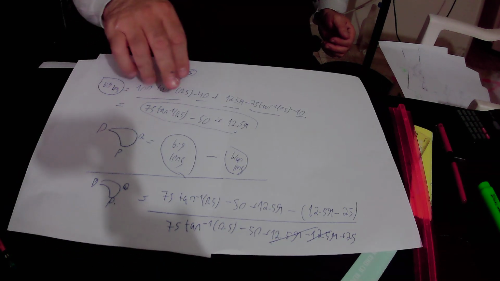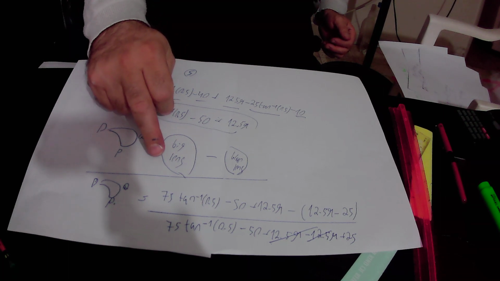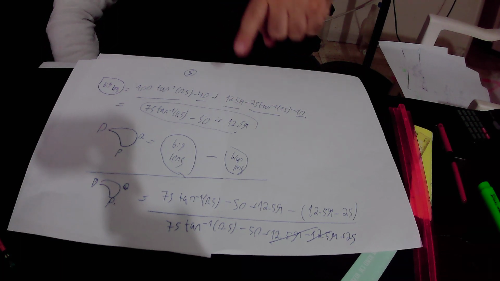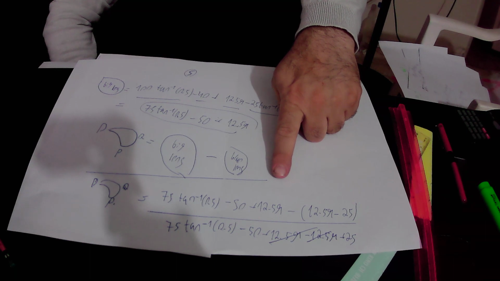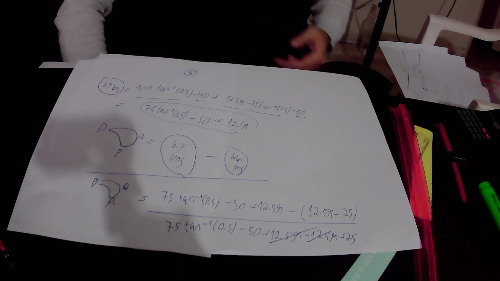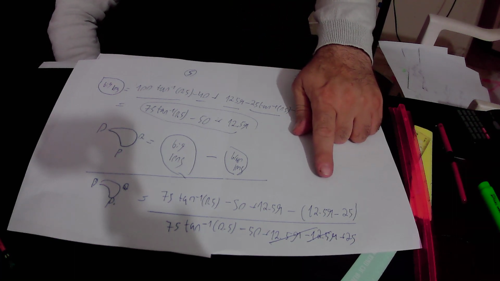So it is equal to the area of the big lens, that equals 75 tan⁻¹(0.5) minus 50 plus 12.5 pi, minus the area of the blue lens, that equals 12.5 pi minus 25.